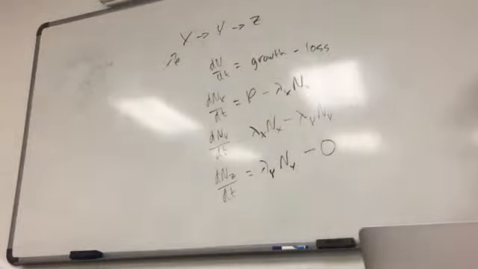So one thing that might be good to keep in mind is these rates don't necessarily have to be something fundamental, like a reaction or a decay. It might be something like you are chemically extracting the population of one out while it's being produced.